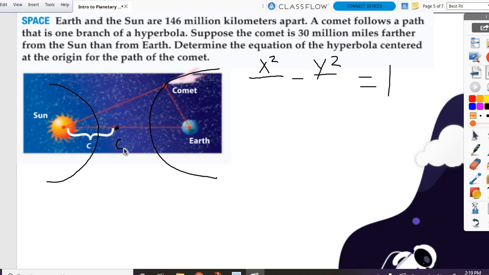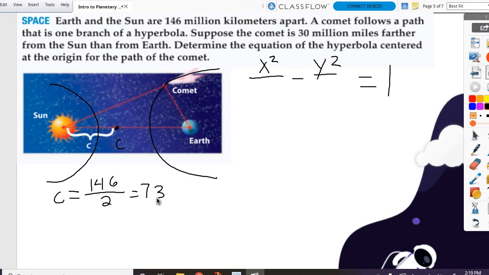If that's my center, and the distance from the Sun to the Earth is 146 million kilometers, and I'm using both of those as foci for this, then we can say that our c value is going to equal 146 divided by 2. So that's going to be 73. That's kind of helpful.